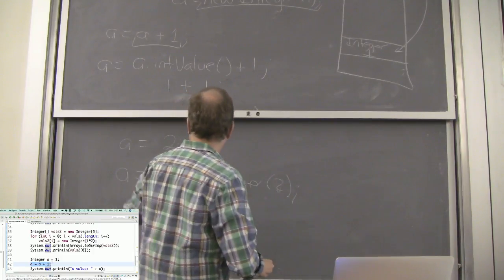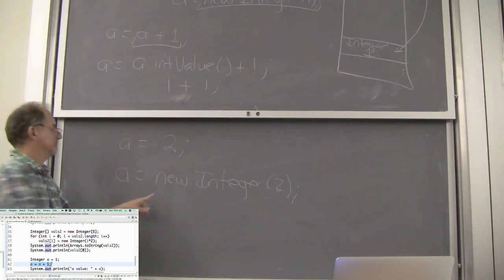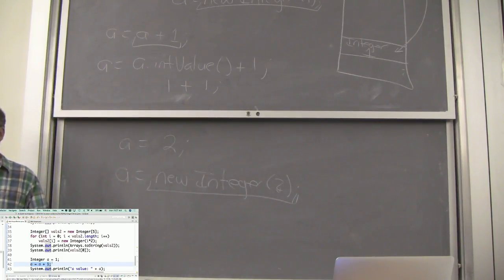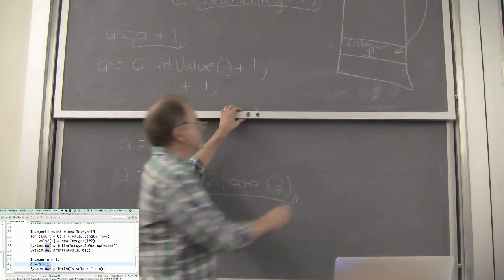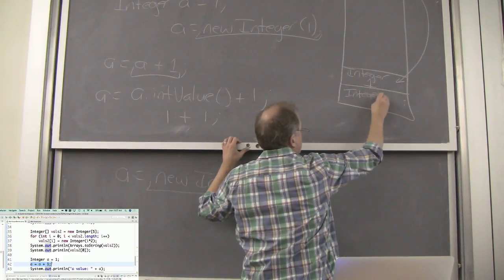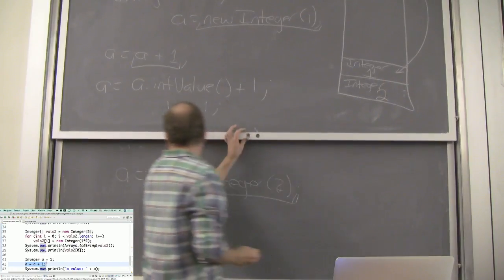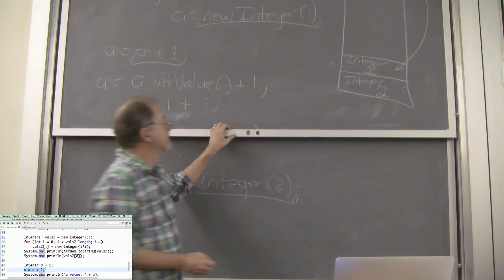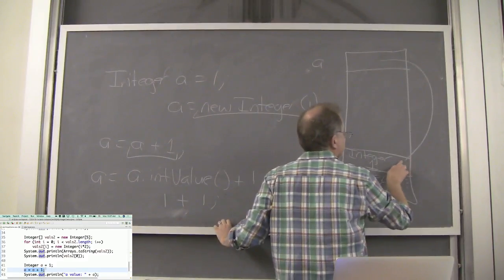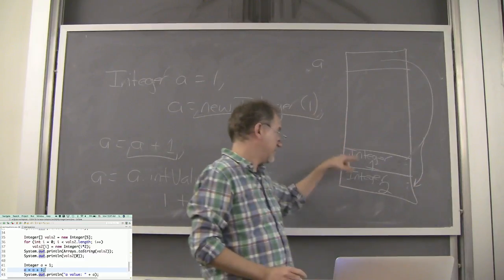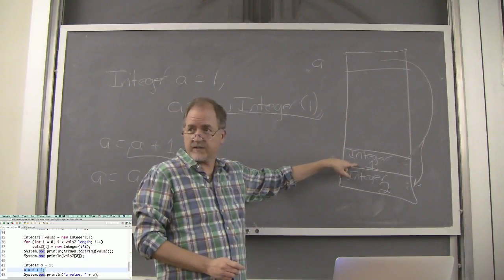All of a sudden, we need to evaluate this expression. What does this do? It makes a new Integer object that has a 2 in it. It says assign this reference to a. So we're not changing this object. We didn't change what's inside it.